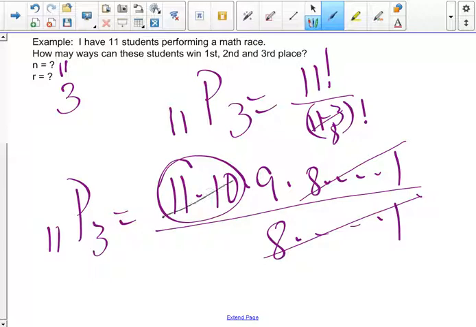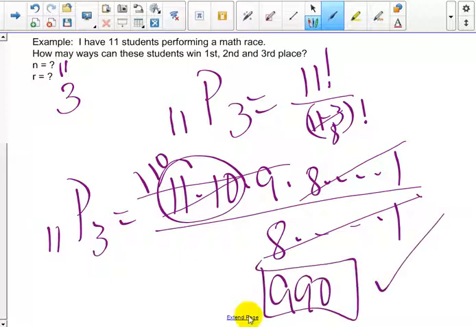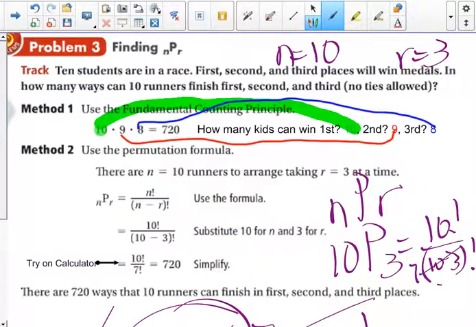Well, 11 times 10 is 110, and 110 times 9 is 990. So that's how you work these. Quite simple if you just let it be simple. We're only dealing with 2 formulas, and this is one of them.